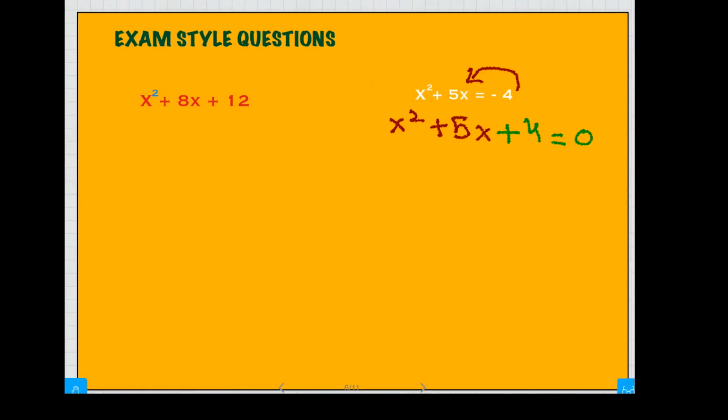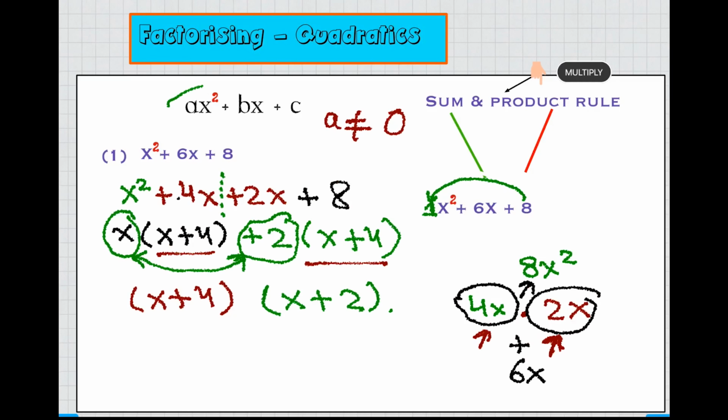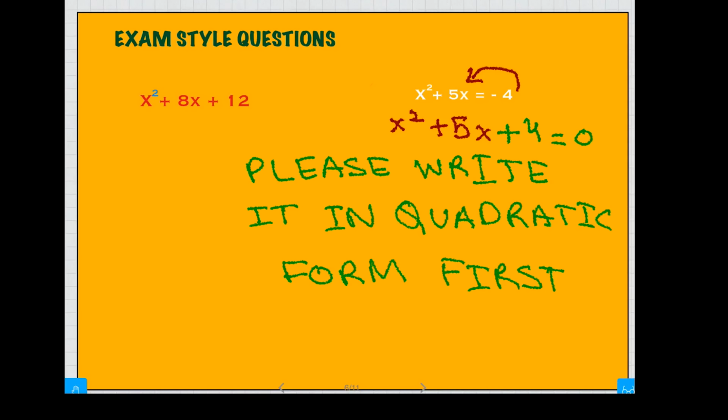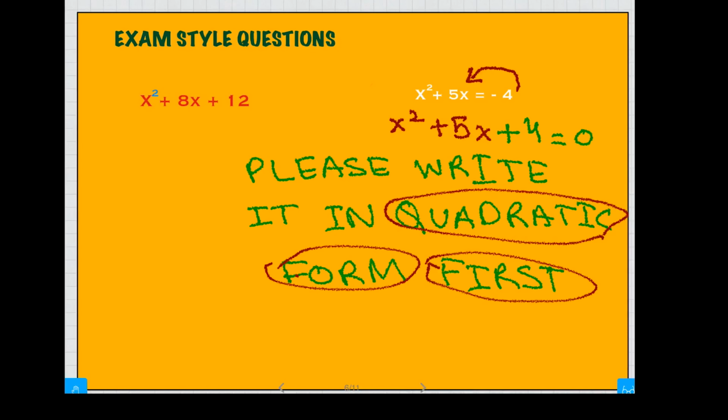Now it is in quadratic form, the same form which I told you here, ax squared plus bx plus c. The first term should be the x squared term, the second term should be the bx one, and the third, c, is the constant. If it's not in quadratic form, please write it in quadratic form first, and then you can solve it.